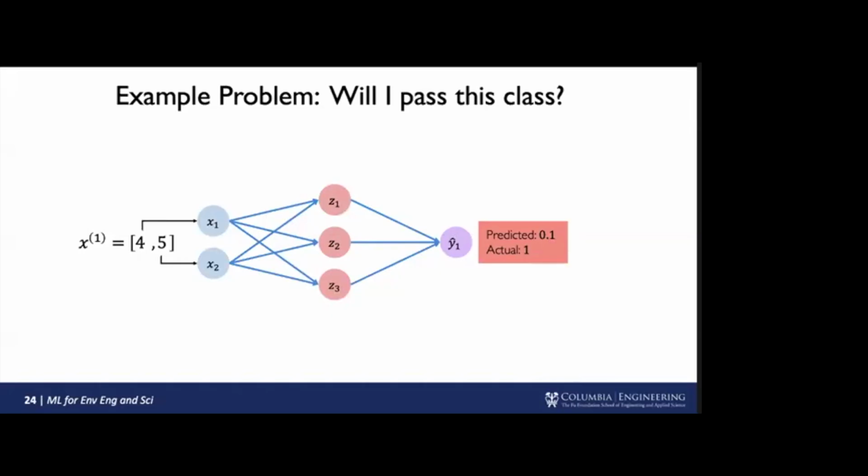Now the loss function takes these two numbers, the predicted value and the true value, and computes a single number that represents how bad this prediction is. If the prediction is close to the true value, the loss is small. But if the prediction is far away from the truth, then the loss should be very large, right? Training the network means adjusting weights to reduce this loss.